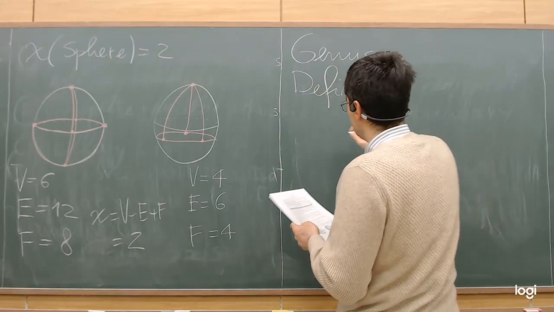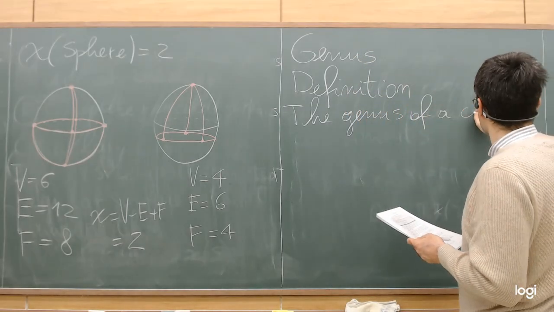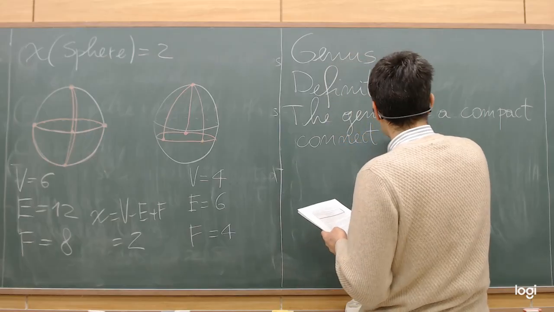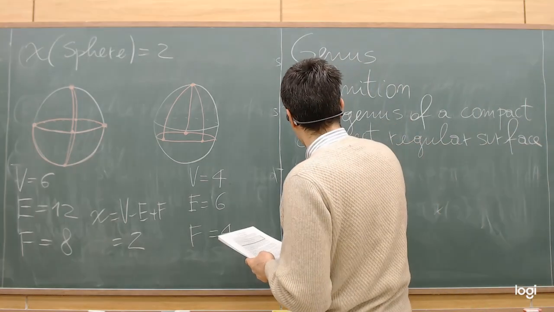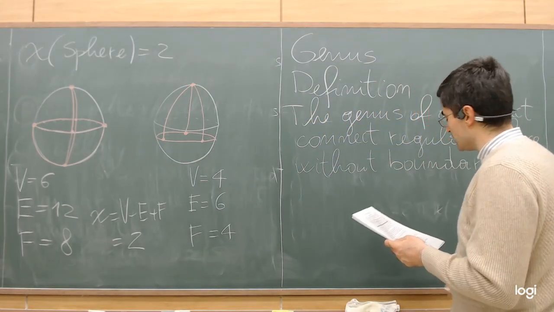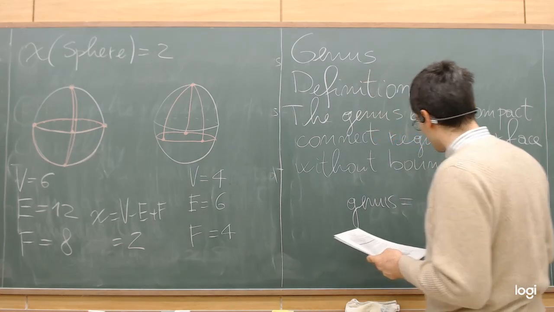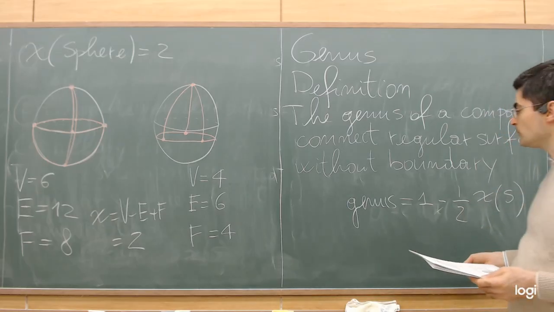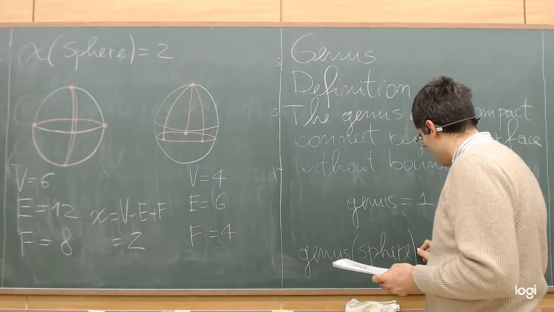The genus of a surface can be computed using this formula, 1 minus 1/2 chi of S. So this formula implies that the genus of the sphere is equal to 0.